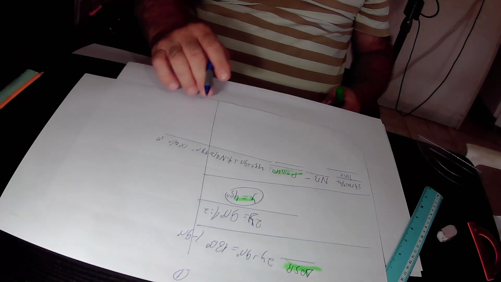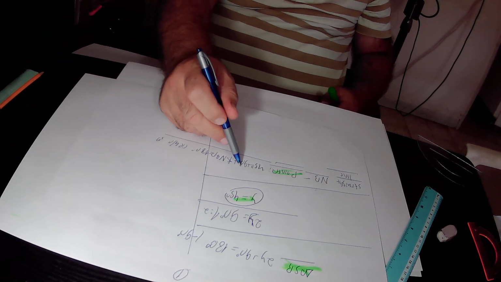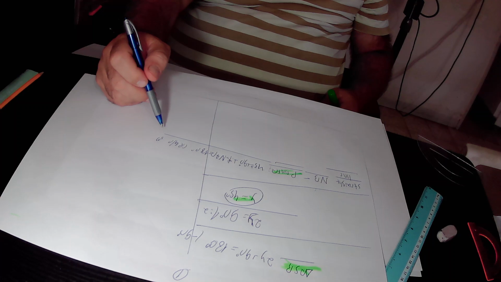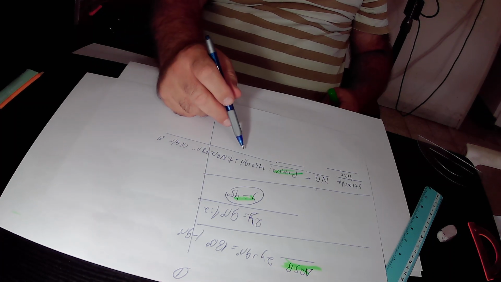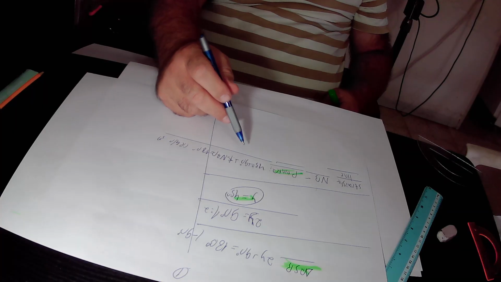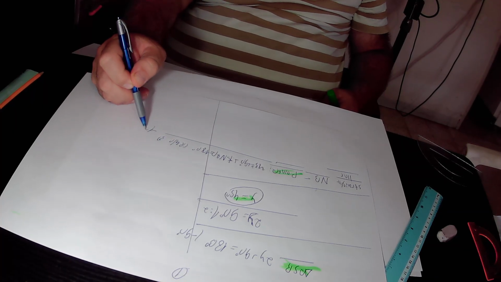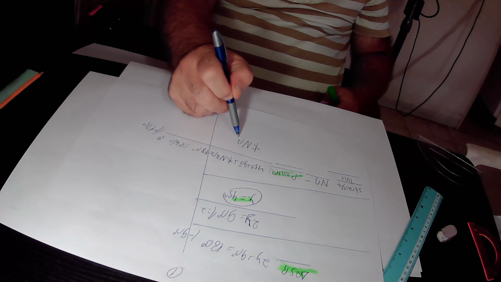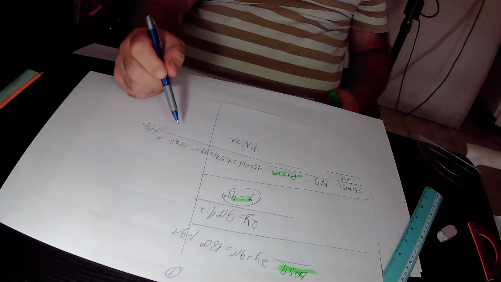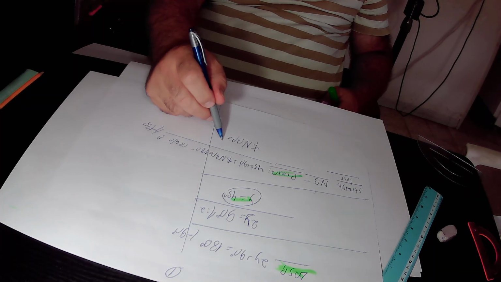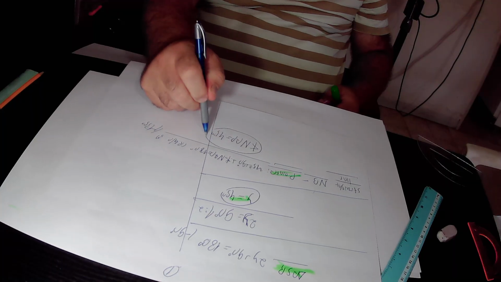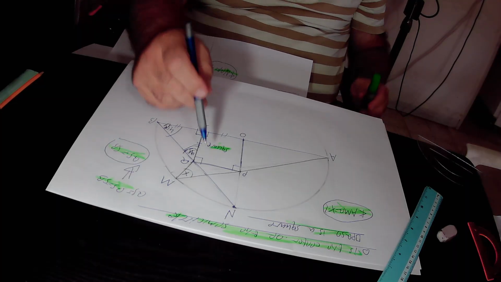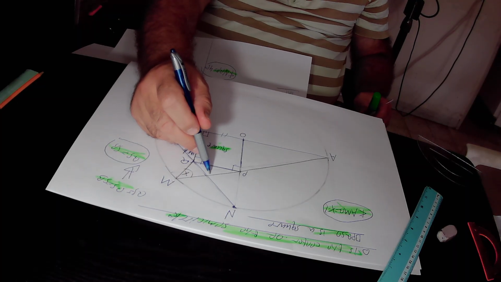So 45 degrees plus 90 degrees plus the missing angle NQP must equal 180 degrees. 45 plus 90 is 135 degrees, so we subtract 135 degrees and we get that the missing angle NQP is equal to 180 degrees minus 135 degrees, which is 45 degrees.